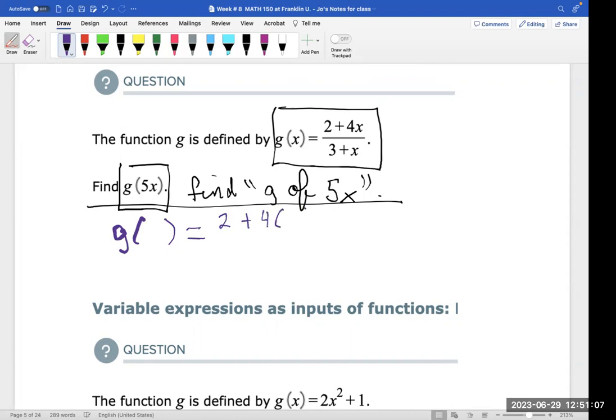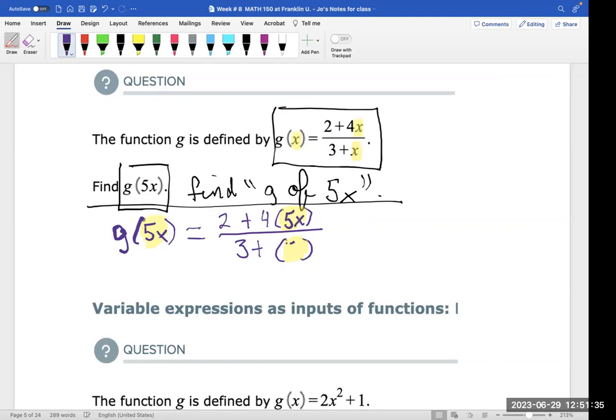And I suggest you write it on your paper like this, what I'm doing in purple as well. There's the X, there's the X, there's the X. So whatever gets put in here gets put in there. And then you're back to week 4, I think it was, or 5, where you're rearranging and simplifying your polynomial expressions. So my input is 5x.